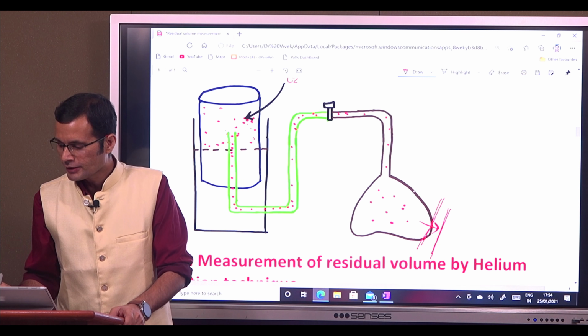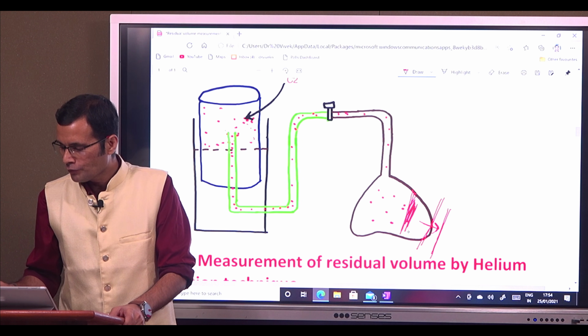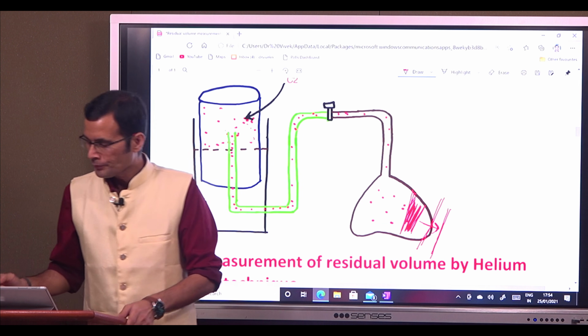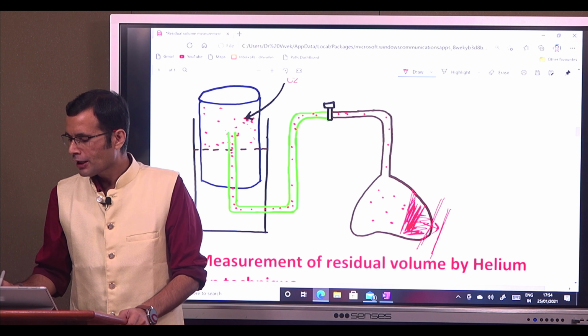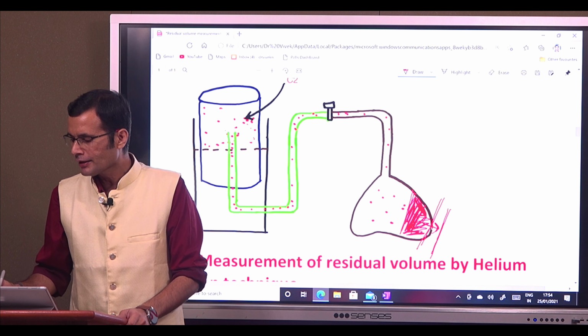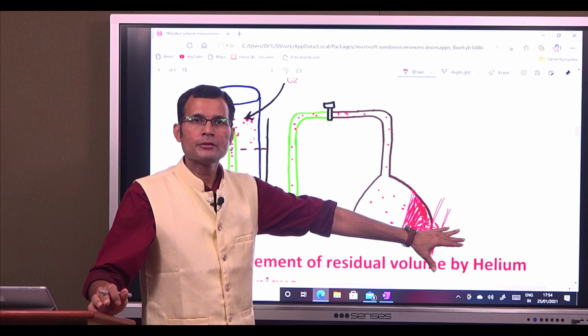Hypothetically speaking, some area of the lung is not available, which means helium does not reach and get diluted into that part.